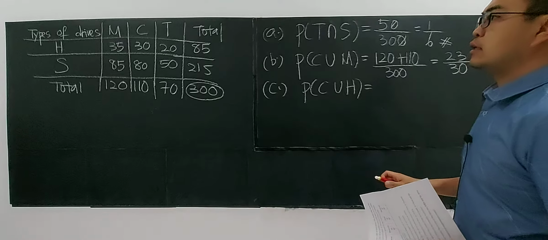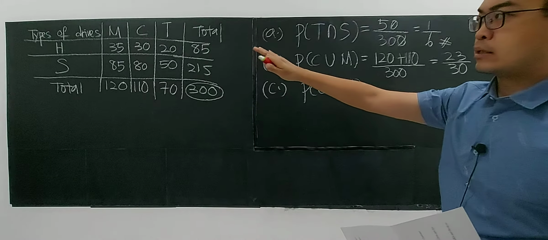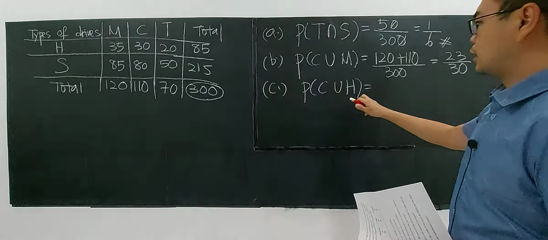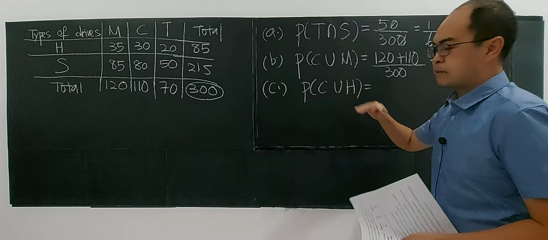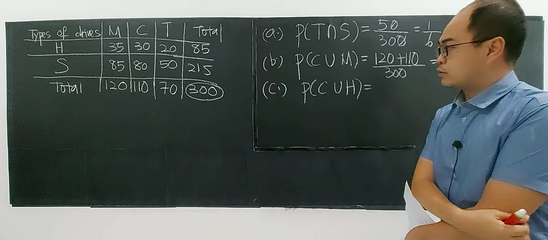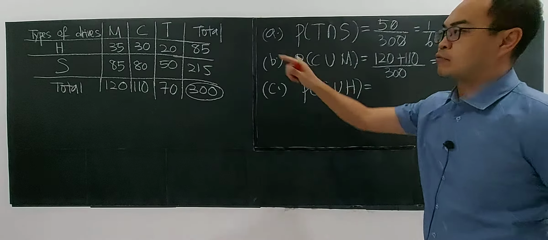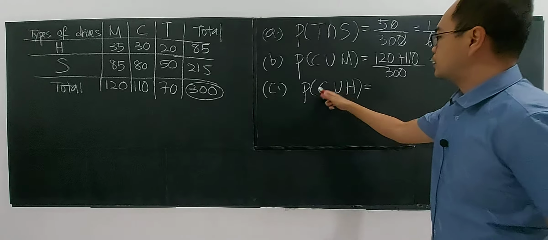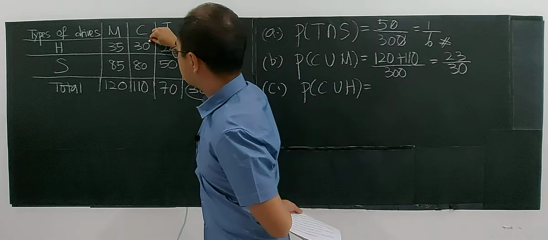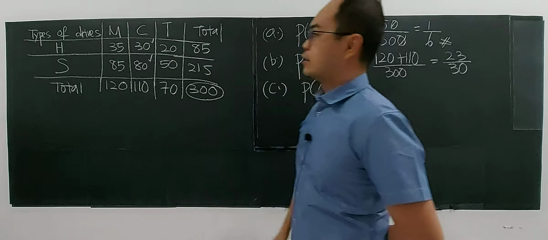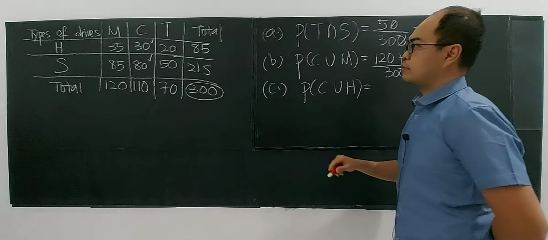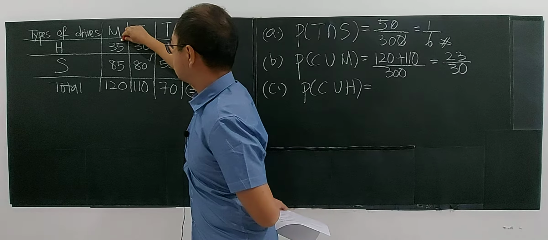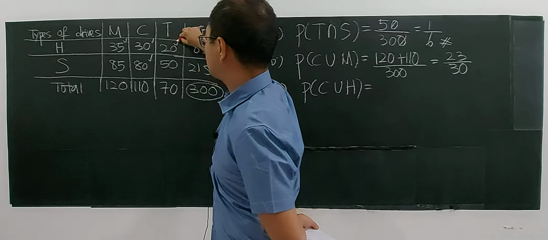So we can actually take the values from the table. Okay, I show you the first method. Two methods are accepted. The first is you just pick the values from the table here. China, we have 30 and 80. And hard disk drive is 35, 30 and 20.